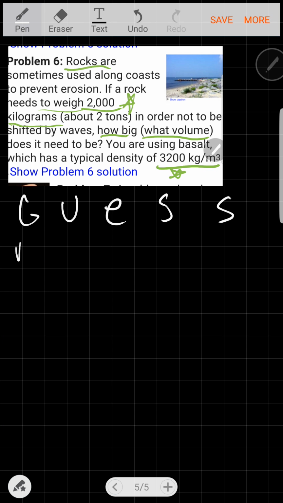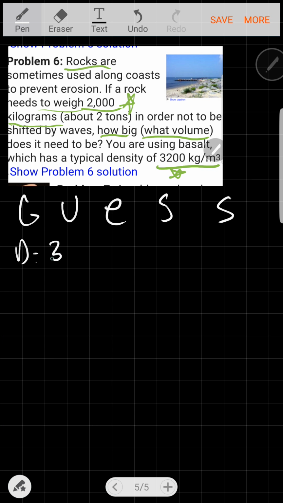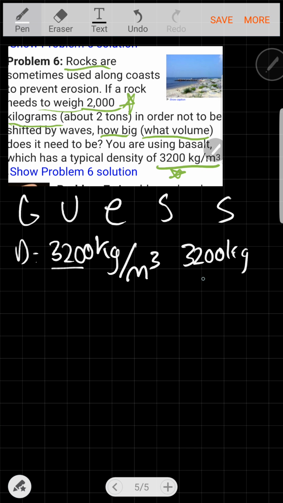You're given the density equals 3,200 kilograms per meter cubed. Your density isn't 3,200. Your density is 3,200 kilograms per meter cubed. Another way to write that is 3,200 kilograms over 1 meter cubed.